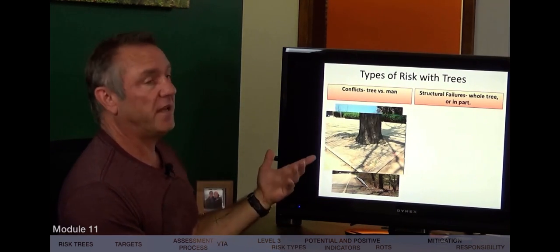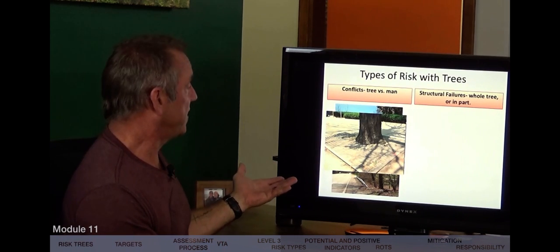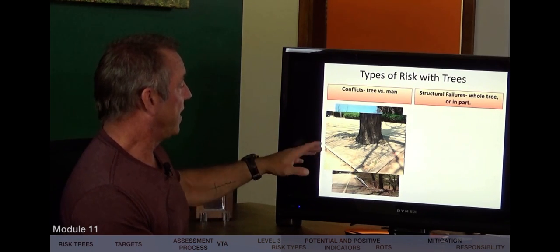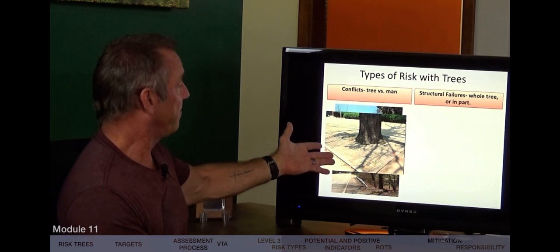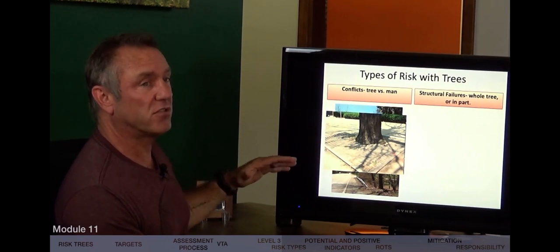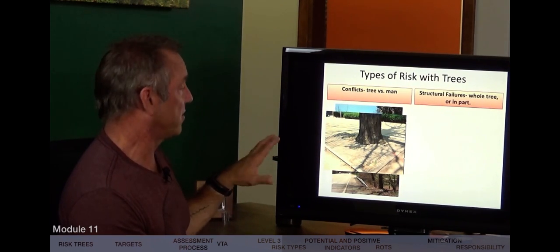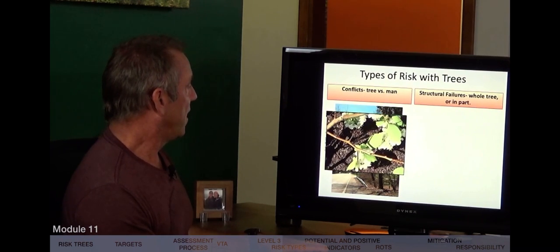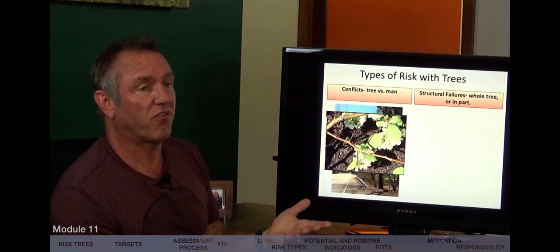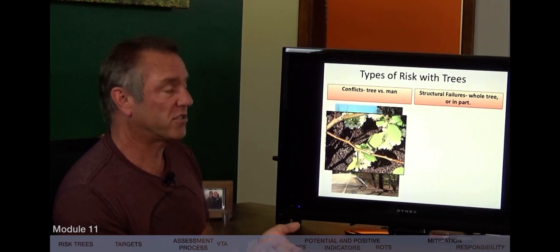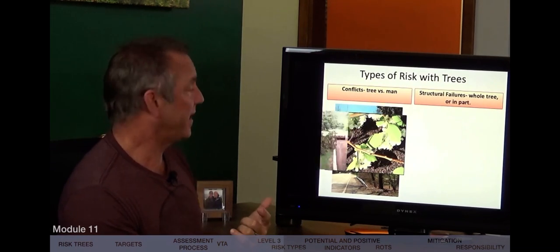It could be improperly installed trees that are affected by, for example, this planting grate, where it's actually into the tree and perhaps destroying the stability of that trunk. It could be as simple as thorns on a tree that present a risk to passing pedestrians.